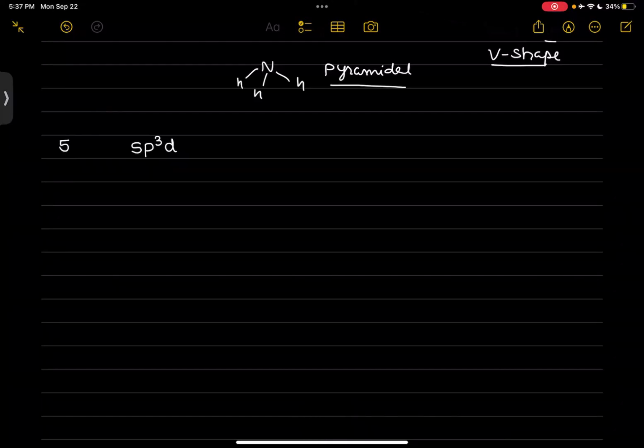So you need 5 orbitals in the hybridization. 1 s and all 3 of the p orbitals give just 4 orbitals. You need a d orbital also to get involved in the hybridization. So the hybridization is going to be sp3d. Is that clear?